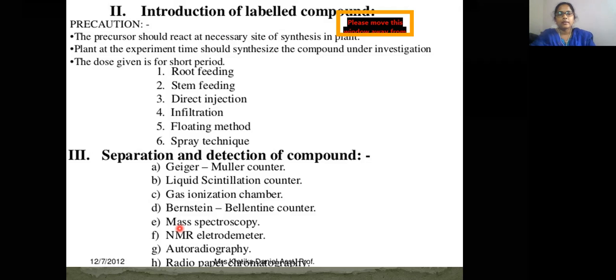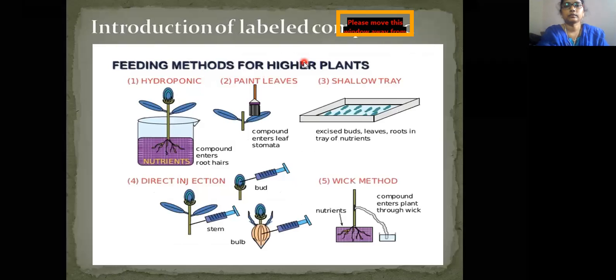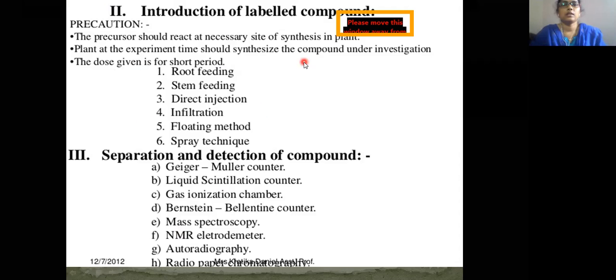So this is the second step actually, the introduction of labeled compounds. Now we already prepared the radio labeled compound, we selected the compound and we introduced the isotopes into the compound.